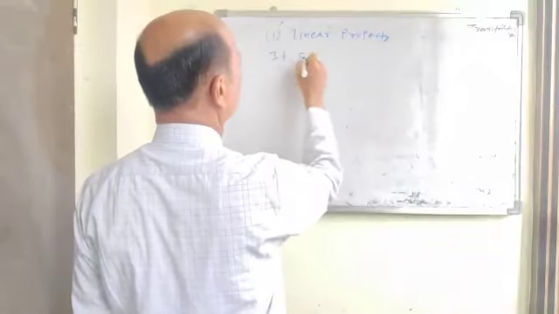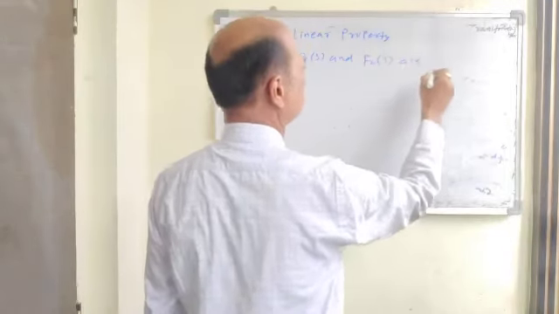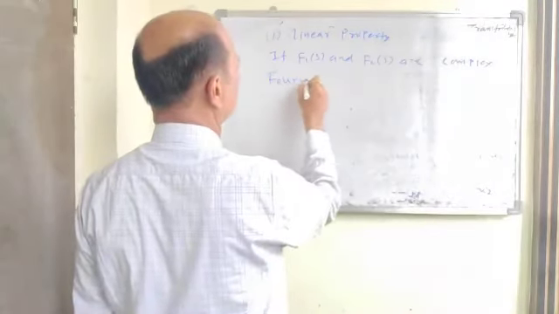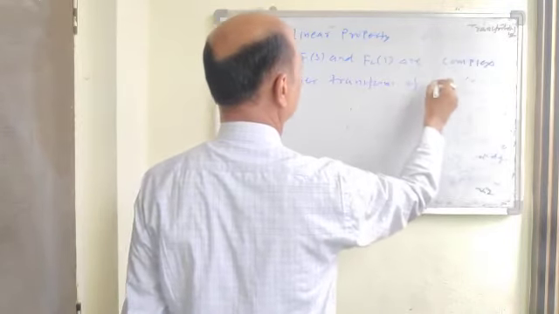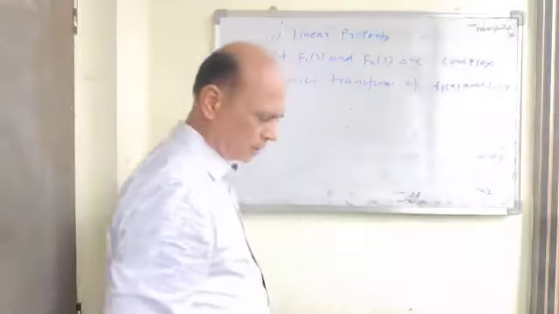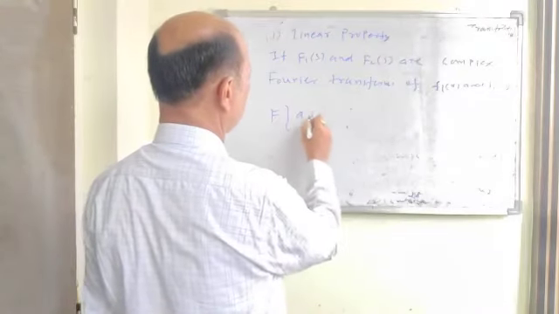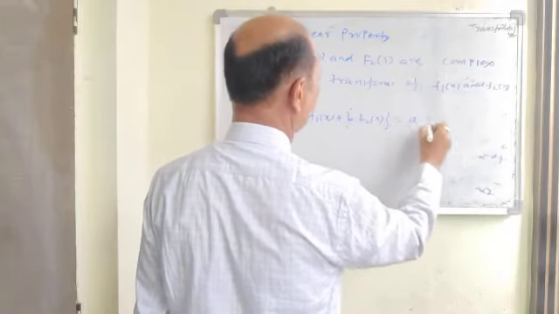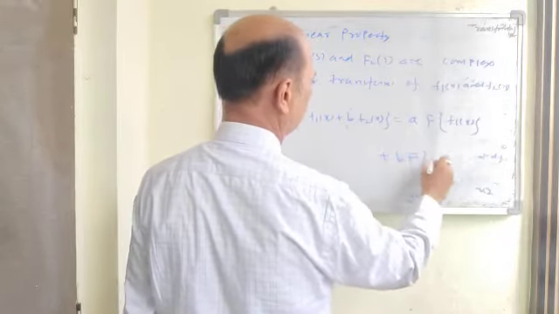That is, if F1 of s and F2 of s are complex Fourier transforms of f1 of x and f2 of x respectively, then the complex Fourier transform of a into f1 of x plus b into f2 of x is equal to a into F of f1 of x plus b into F of f2 of x.